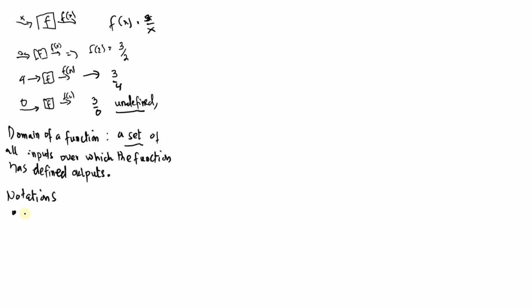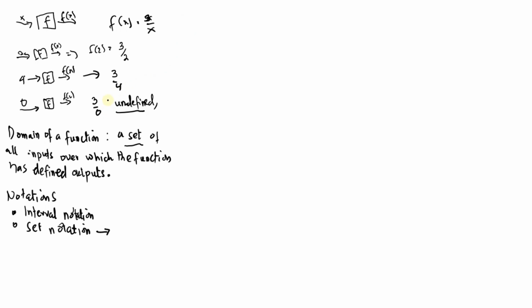We have interval notation and then we have set notation. But for the scope of your studies, we'll be focusing more on the set notation. So how will we write the domain of this function?